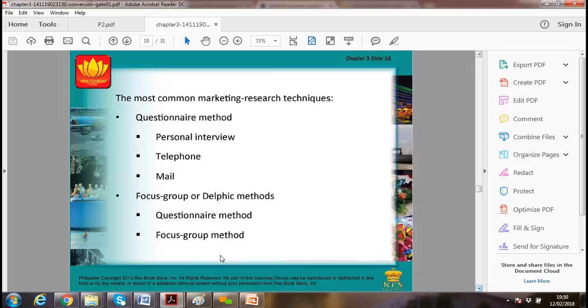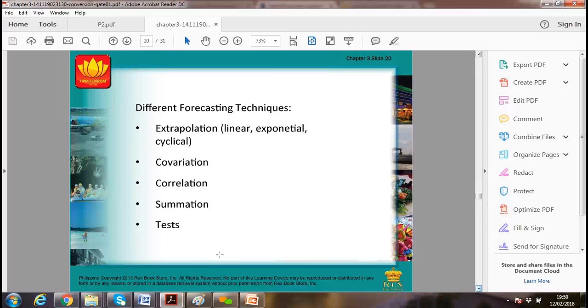That's called the Delphi technique as well, where we are not excluding anyone, so we get the whole set of views. We can also use different forecasting techniques to forecast the future, like the relationship and correlation: if we spend more money, if there are more jobs, what is the relationship between these? And we can do different sorts of tests.